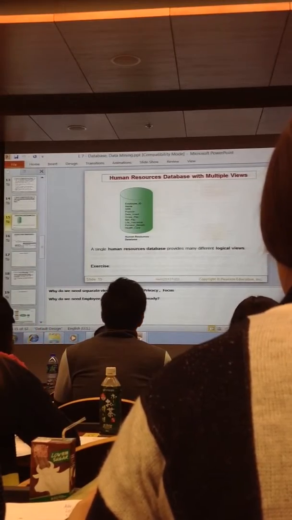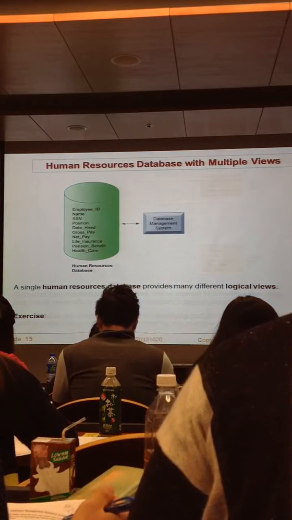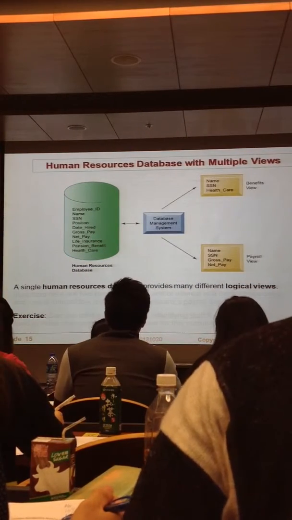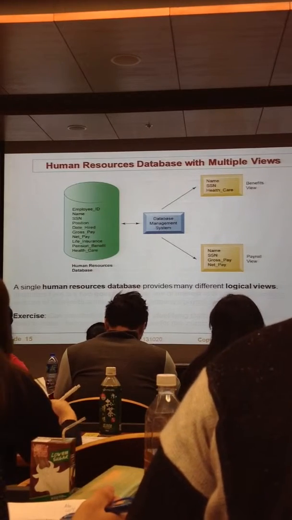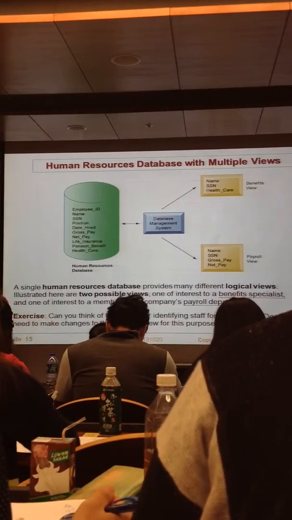It's illustrated by this diagram here, right? One physical view, but more than one logical view. I still remember I asked you to do this exercise, to create a logical view for promotion.